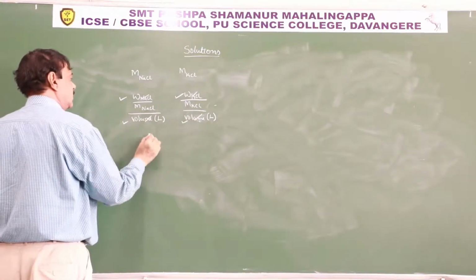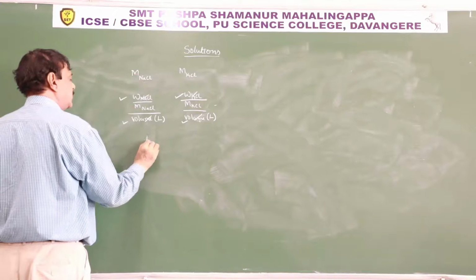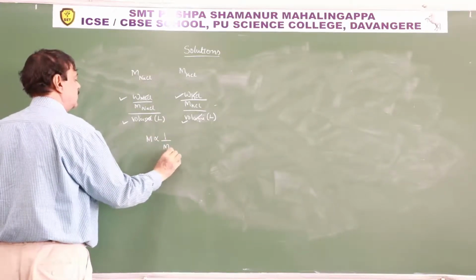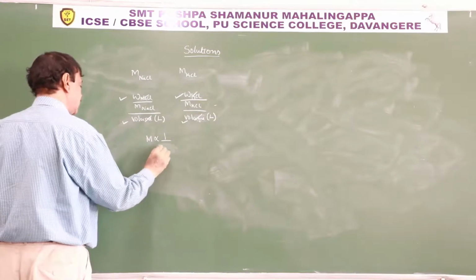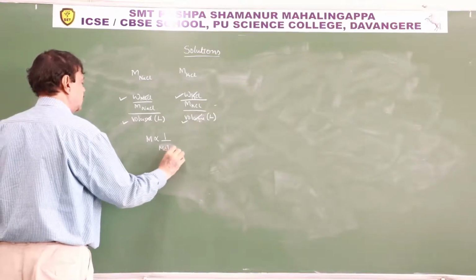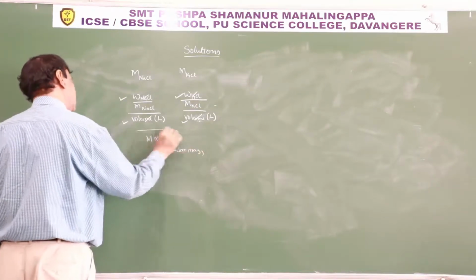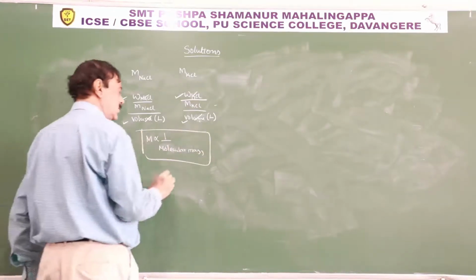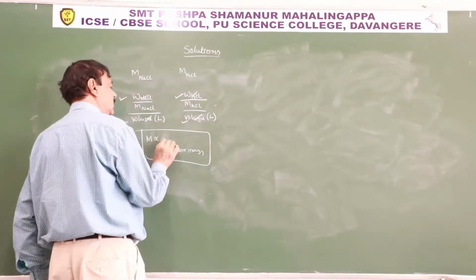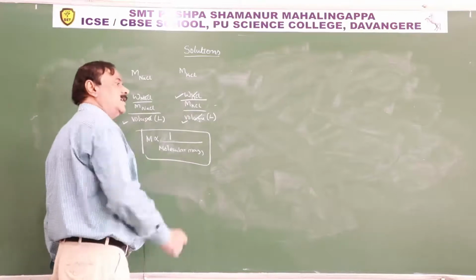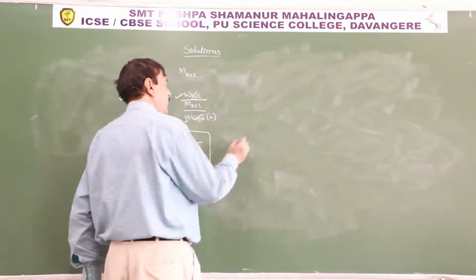Here molarity is inversely proportional to molecular mass. This is true if and only if the volume of the solution is fixed and the quantity of the solute is fixed.